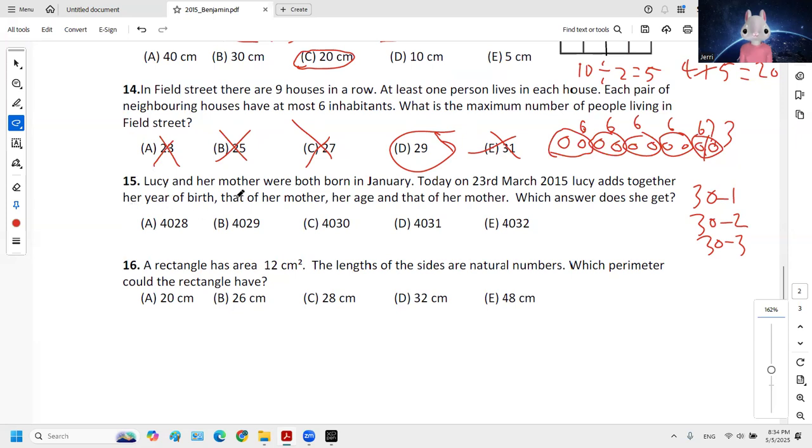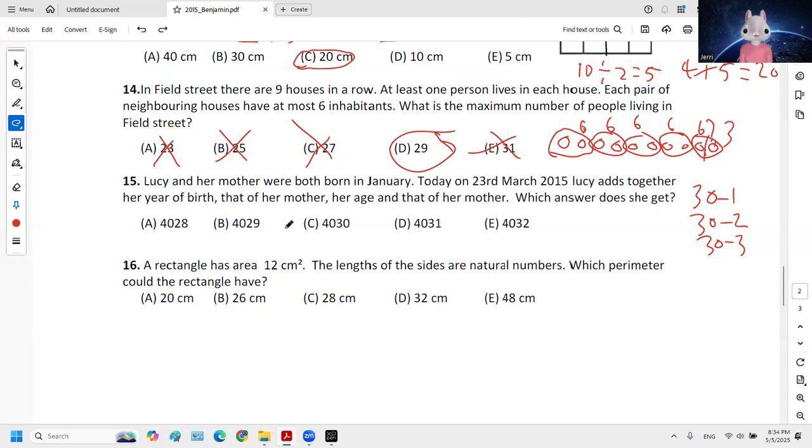Question number 15. Lucy and her mother were born in January. Today, on 23rd March 2015, Lucy adds together her year of birth, that of her mother, her age, and that of her mother. Which answer does she get?